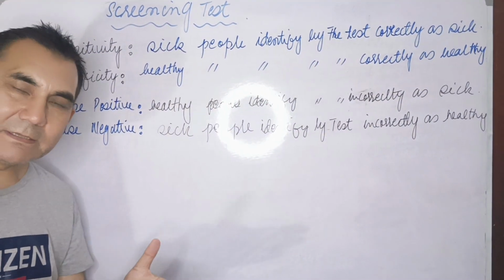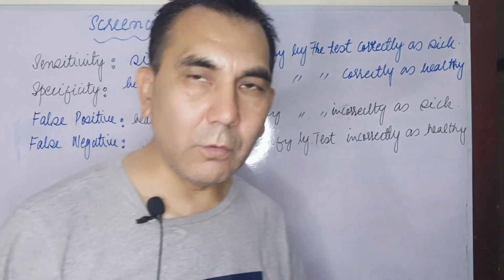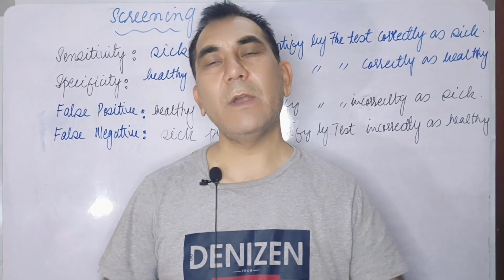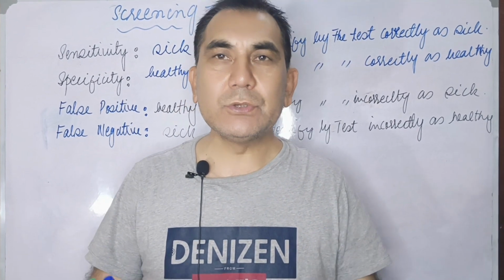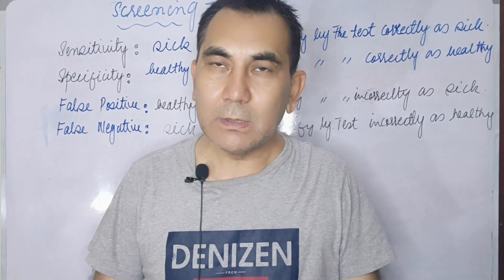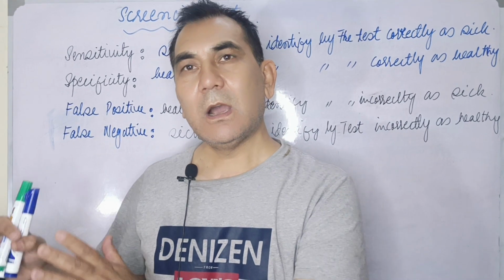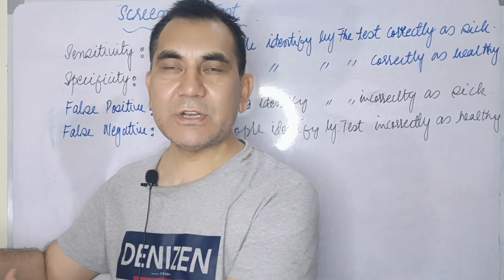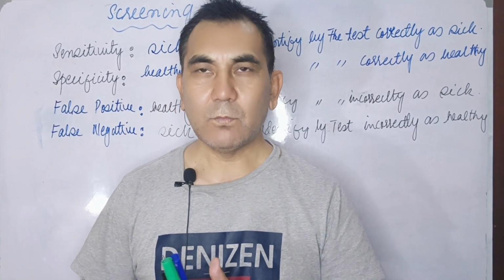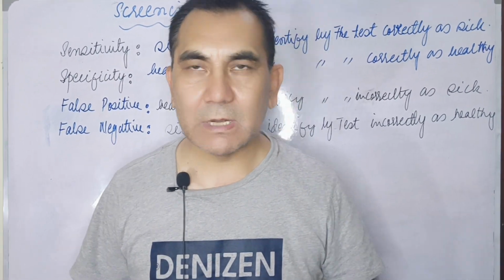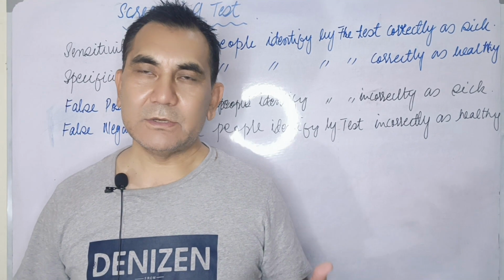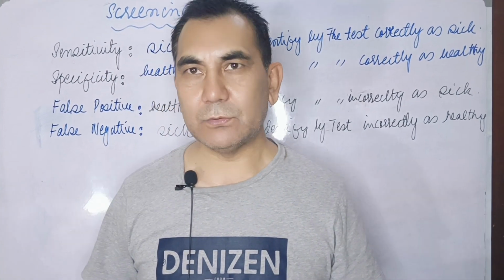It means the signs and symptoms of a disease are present in individuals in the group of people, but the test identifies them as test negative. You apply the screening test on those people who have the signs and symptoms present, but the test comes up as negative.